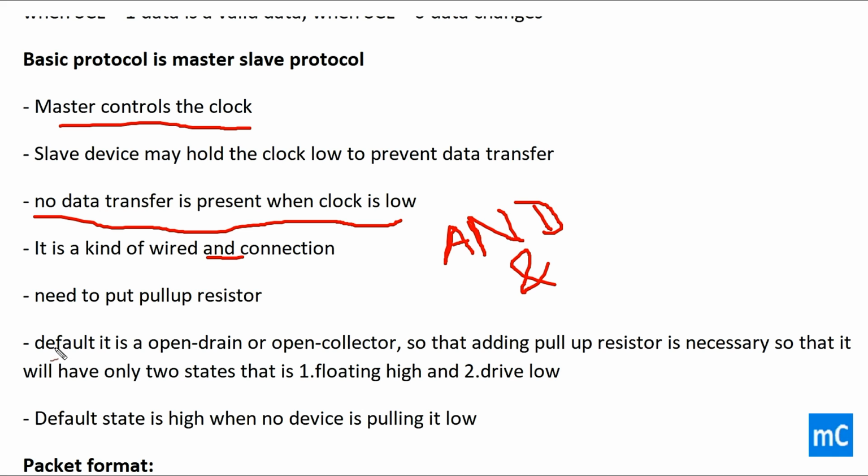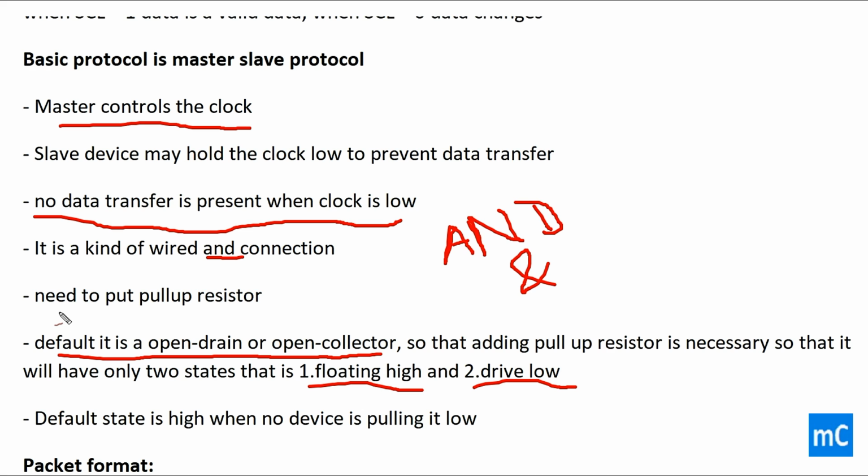By default, I2C lines are open drain or open collector. So adding a pull-up is necessary so that it will have only two states, that is floating high and drive low. By default, the pull-up state is high.